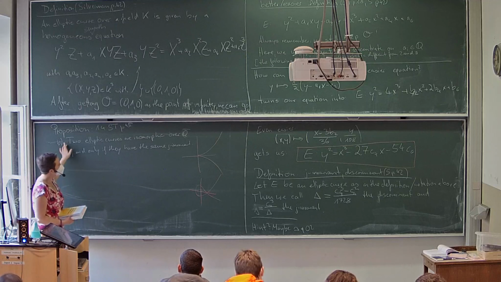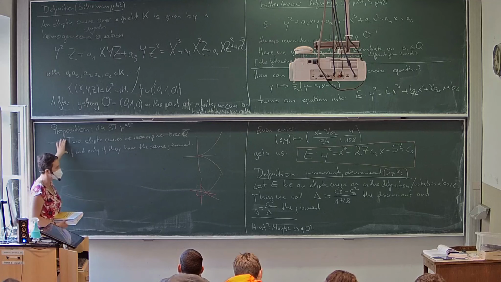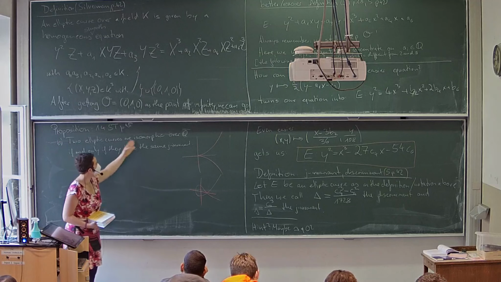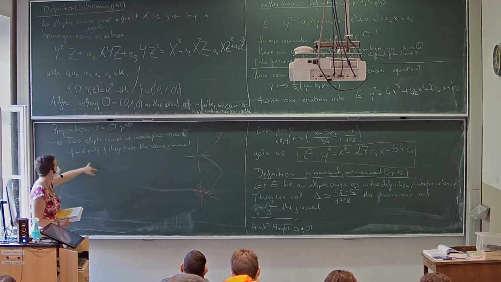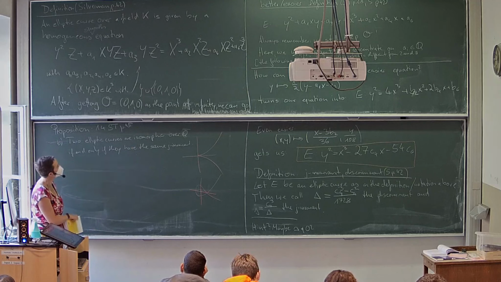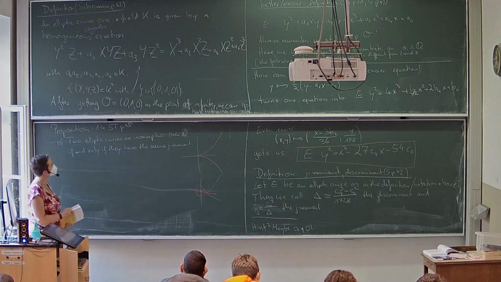The J invariant is actually what we want it to be, namely it classifies isomorphism classes of elliptic curves.